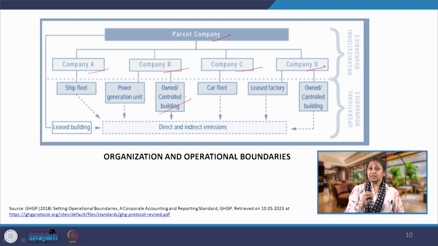Now, that is having its operations in different geographic locations, in terms of extraction of oil, but the bigger network is of its sellers. Thousands of outlets across the world are selling fuel. Now, all these are also part of the operational boundary.